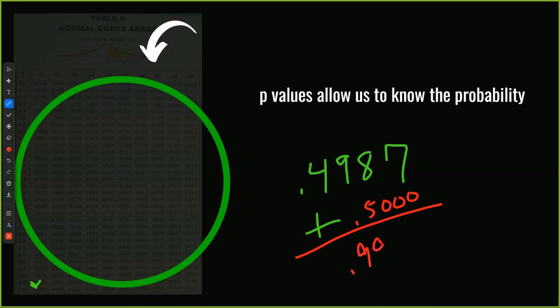And then I get an overall effectiveness of 99.87%. So as you look at data and probability, it's a good way to understand and use z-scores to relate that data.